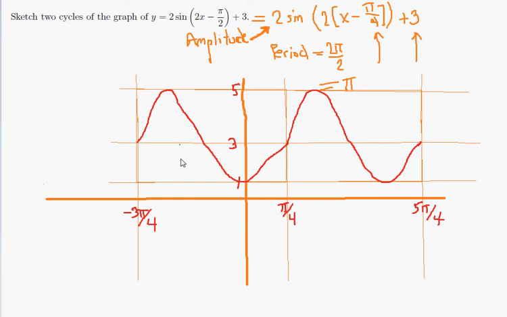So this is not a terribly great picture, but let's mark the coordinates here. This is negative pi over 2. Back at the midline at negative pi over 4. 0 here. Pi over 2. 3 pi over 4. And then down here would be at pi.